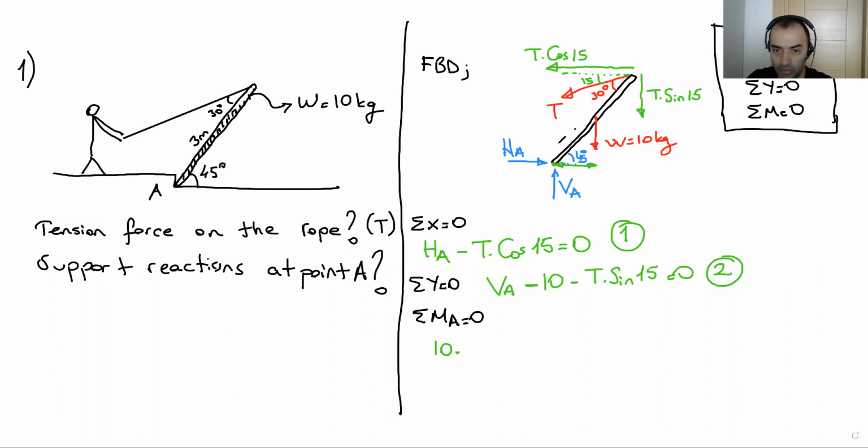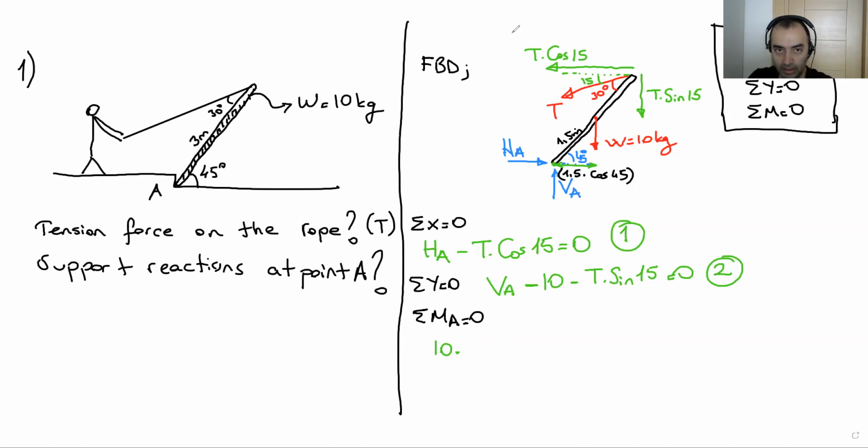This is 1.5 meter, so this is the hypotenuse. We have the angle. This dimension is 1.5 times what? This is the cosine component, cosine 45. So this is the distance. 10 times this distance gives me the moment.